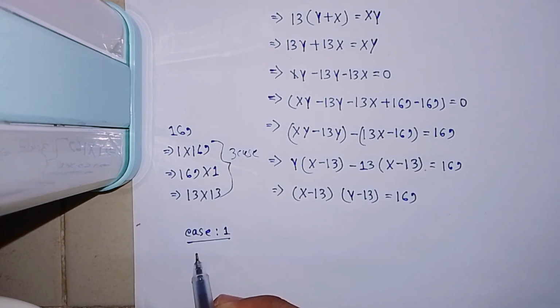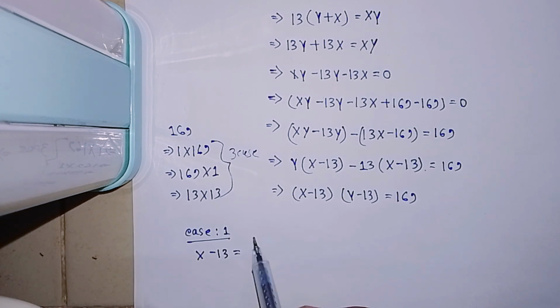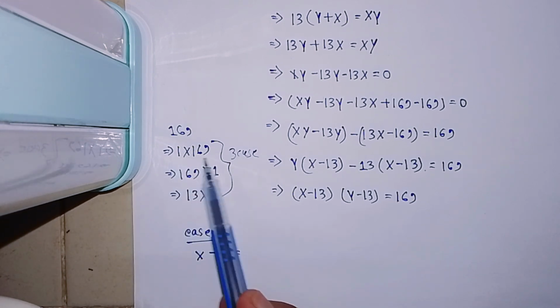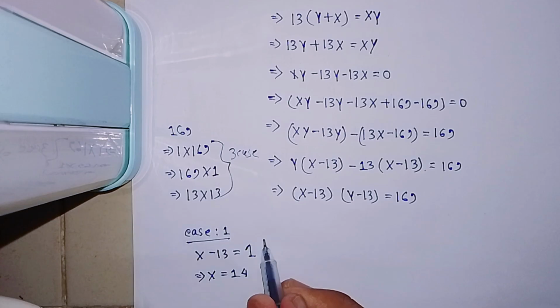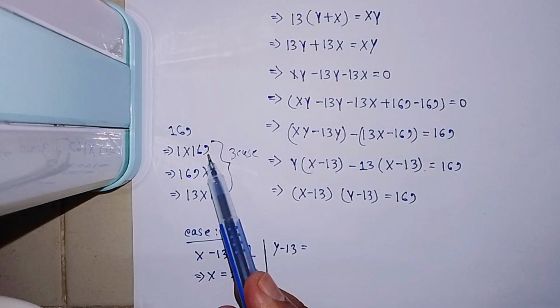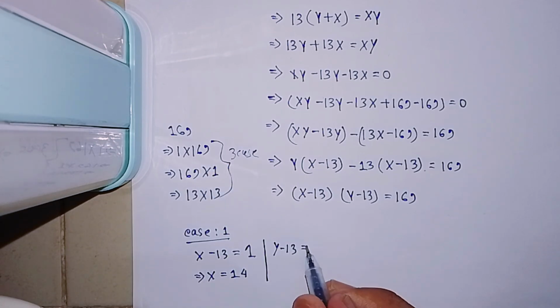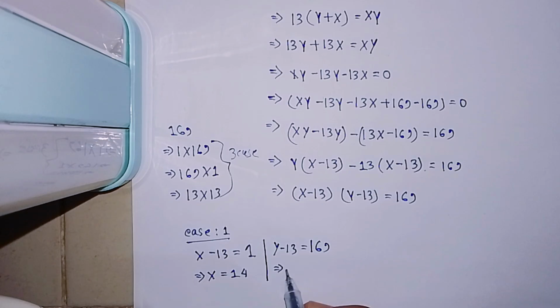We get x - 13 equal 1, so x equal 14, and y - 13 equal 169.